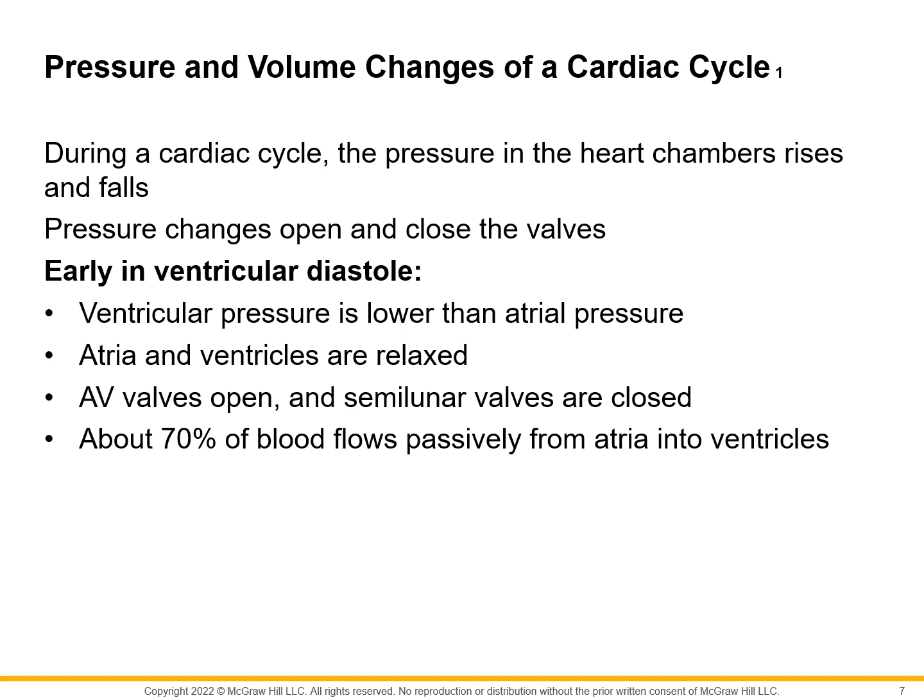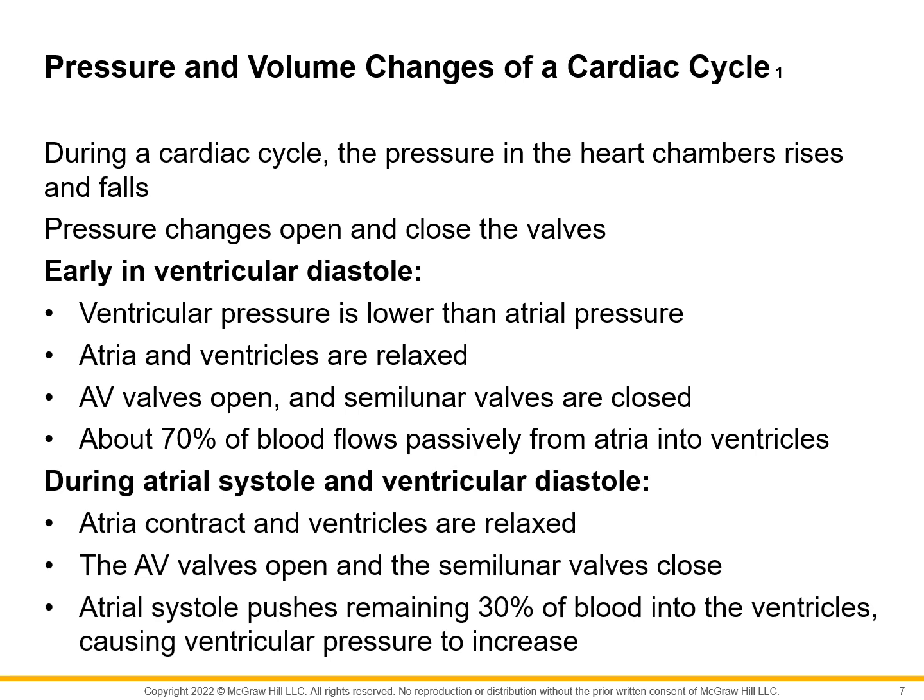Okay, and at this time, the AV valves are open while the semilunar valves are closed. And as I said, like 70% of the blood flows passively from the atria to the ventricles in both the right and left atrium. Okay, so we call this stage early ventricular diastole, because the ventricles are still in diastole, in the relaxed stage.